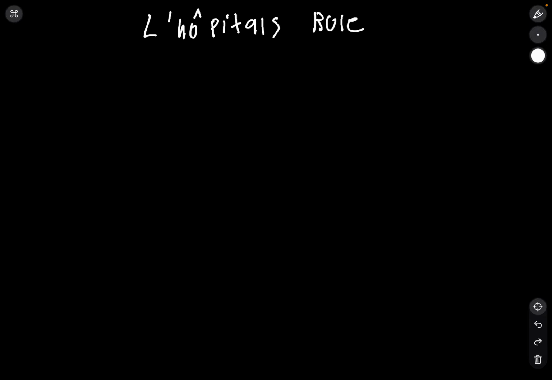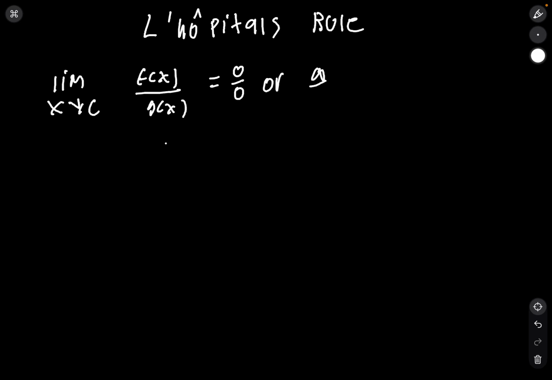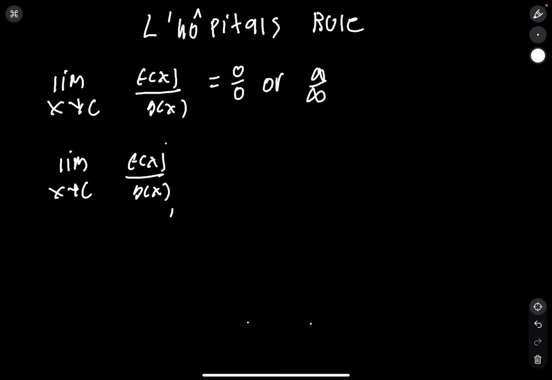So let's get right into it. This is what L'Hopital's rule states. It essentially states that if we have a limit as x approaches some number c, and we have it in the structure of a function as f of x over g of x, if these two functions somehow turn out to be 0 over 0 or infinity over infinity, then L'Hopital's rule states that this limit as x approaches some number c can be rewritten as the same limit, only f of x and g of x turn into the derivative counterparts, f prime of x and g prime of x.